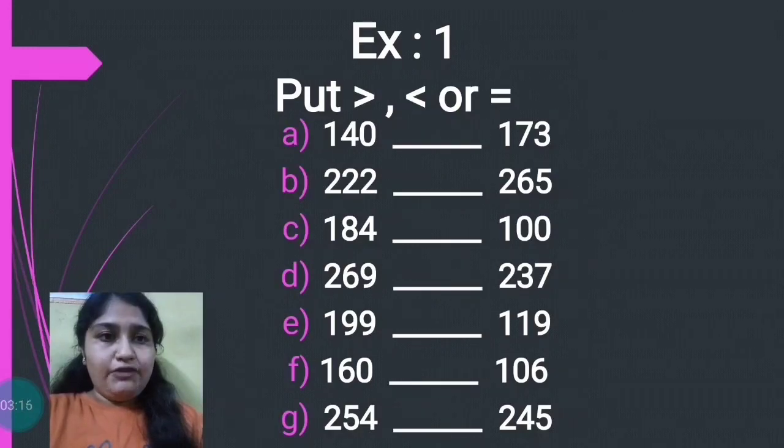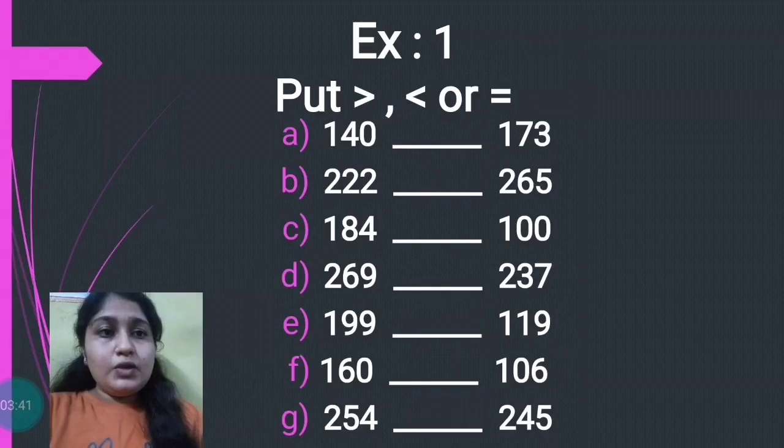C, 184 dash 100. D, 269 dash 237. E, 199 dash 119. F, 160 dash 106. G, 254 dash 245.